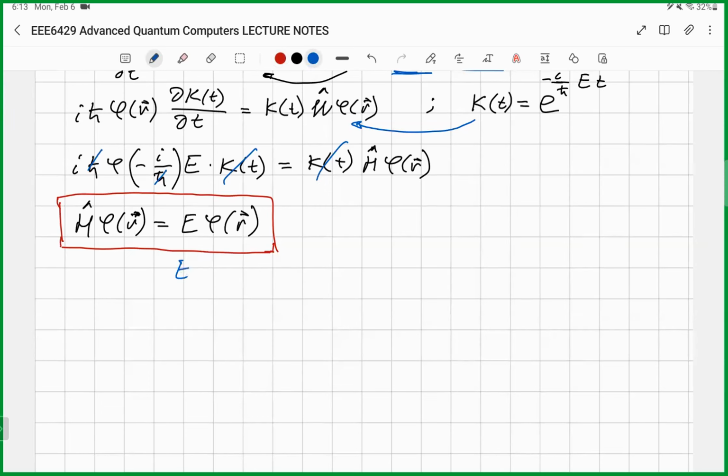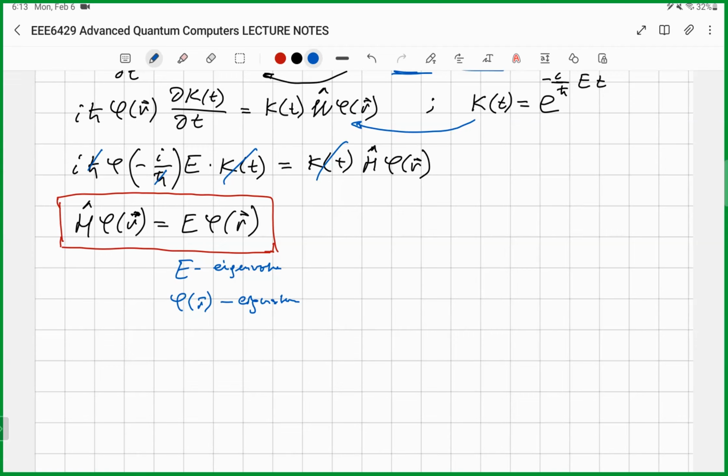E here is the eigenvalue, and phi is the eigenstate, because the action of operator H on the function phi is just the multiplication of this function phi by a constant E. That's why these are eigenstates and eigenvalues.